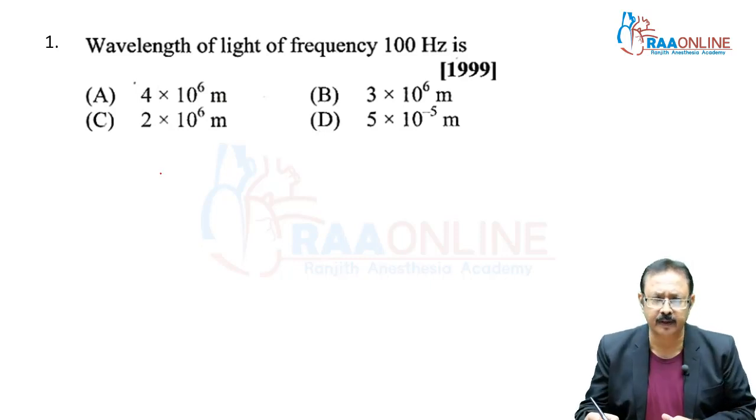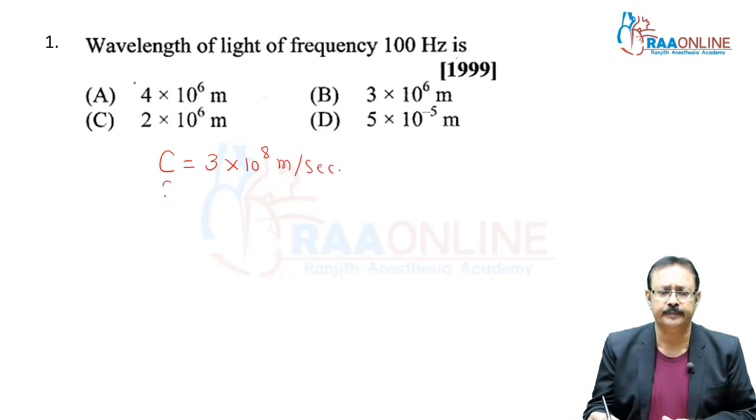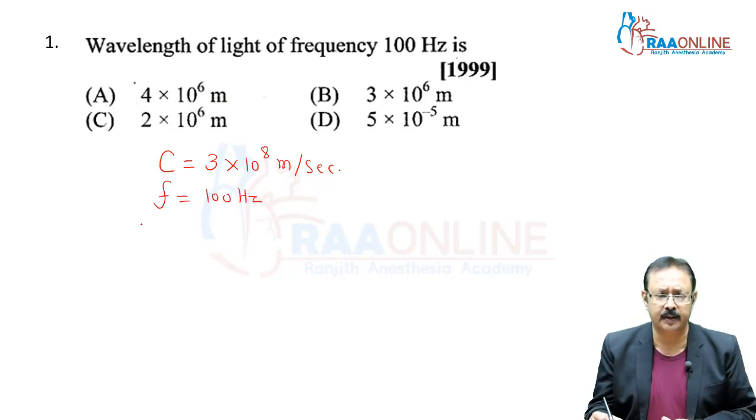Frequency is given. We know that speed of light is 3 into 10 to the power 8 meter per second. Frequency is given 100 hertz, all SI units, and we know that V is equal to n lambda, meaning C is equal to F lambda.